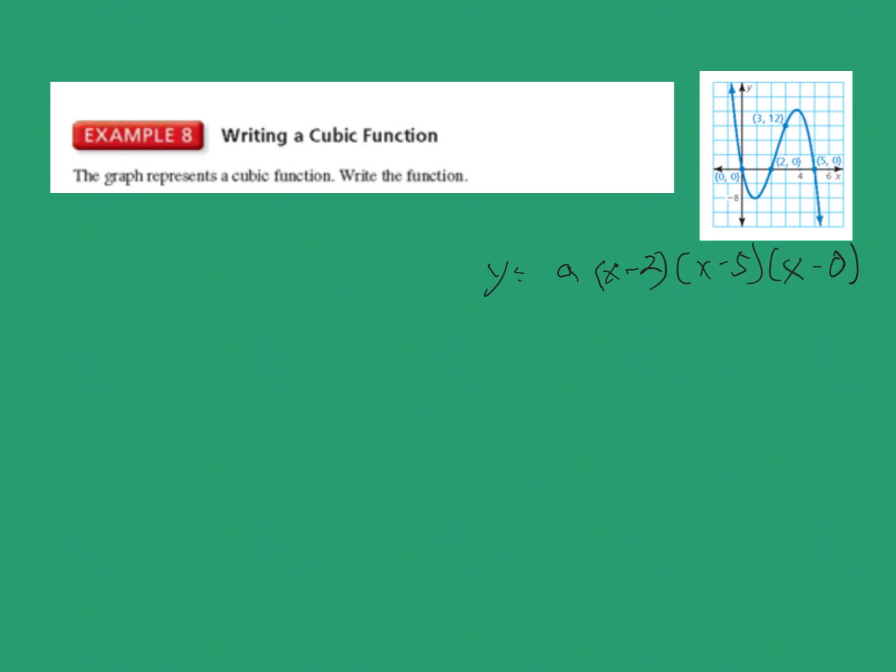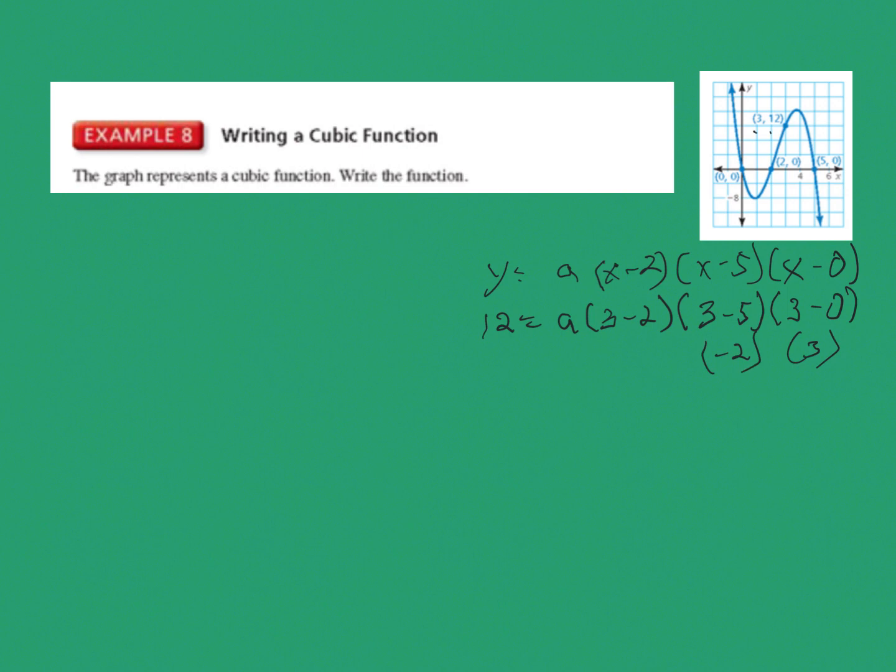Alright, so now we have those. We need to find our a value first. So we're going to substitute our 3 and our 12. So 12 is equal to a times 3 minus 2 times 3 minus 5 times 3 minus 0. 3 minus 0 is 3. 3 minus 5 is negative 2.